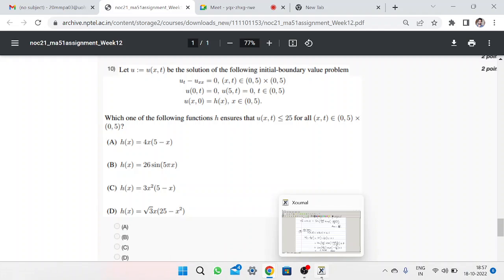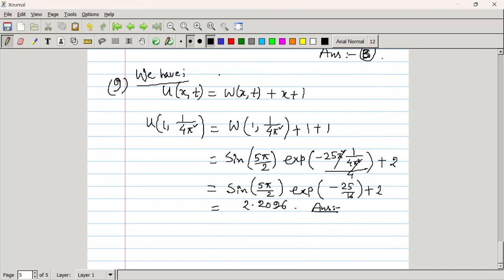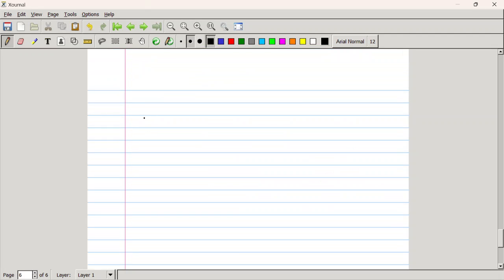Let me first write the question on the next page. Question number 10 is given as u t equal to u x x in the region where x comma t lies in 0 to 5 cross 0 to 5. That is a square region.